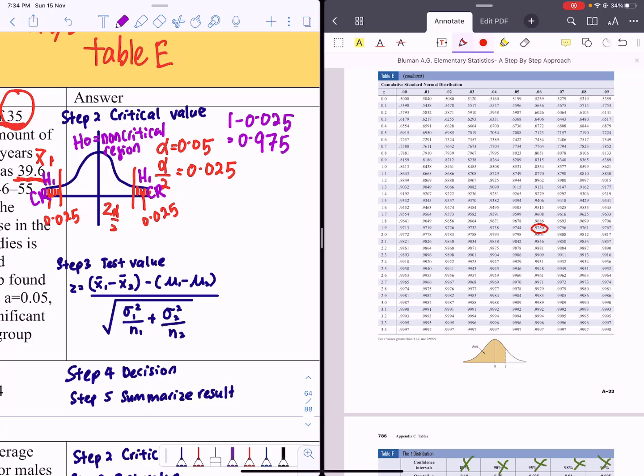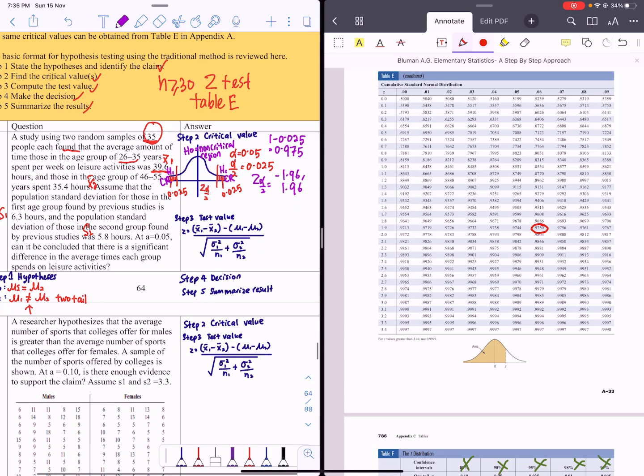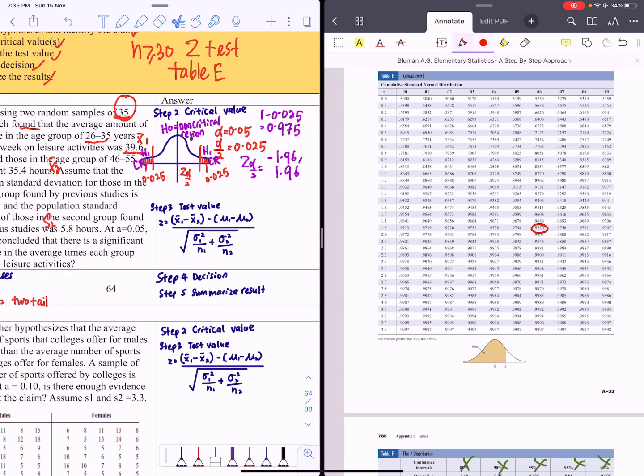The Z is 1.96. You also need to remember there is a negative value, negative 1.96, and also positive 1.96, because there are two tails. Then we compute the test value.